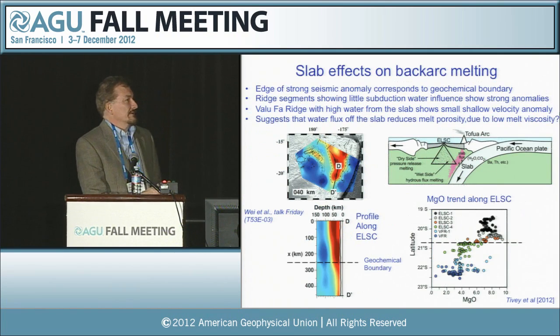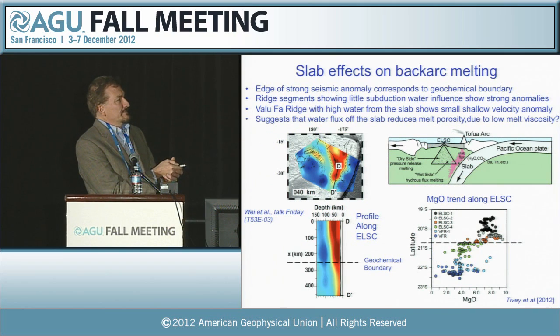And finally, I'd just like to point out one really interesting thing that we're finding. If we look at the seismic tomography along the eastern Lau spreading center here in the Lau Basin, shown here on its side along that line DD prime, we see a much larger seismic anomaly in the north than we see in the south.